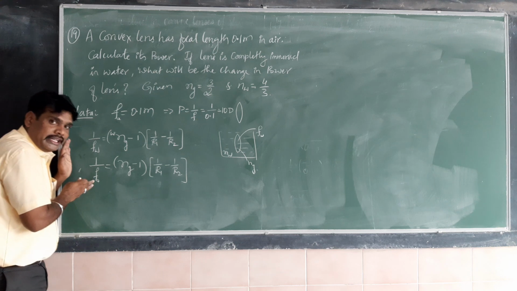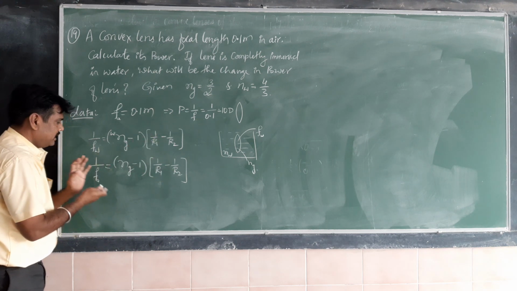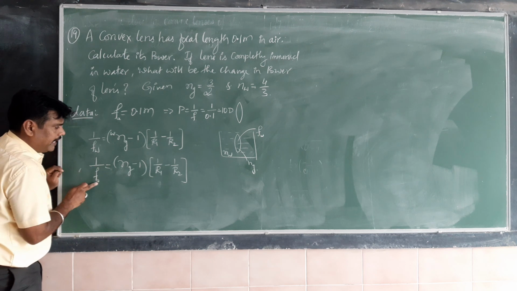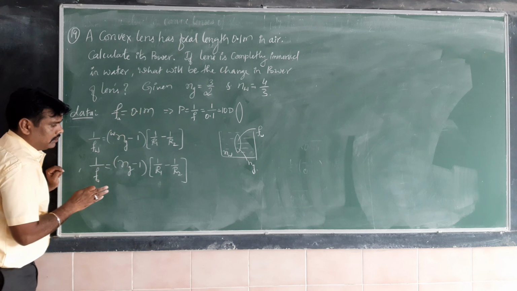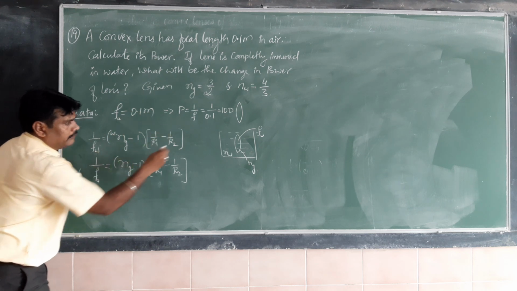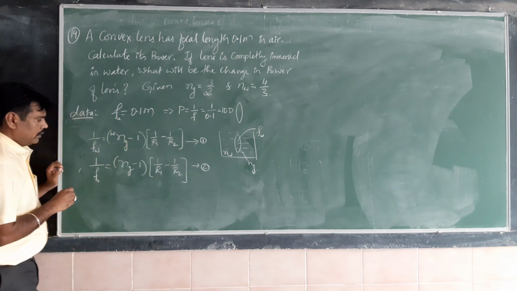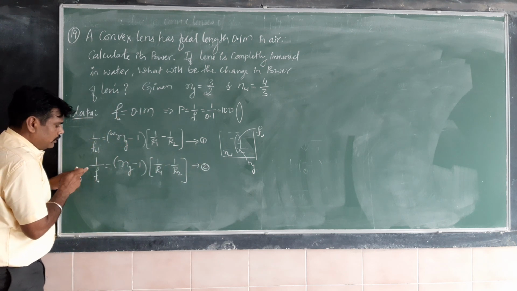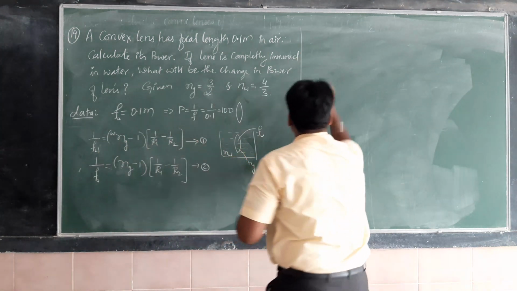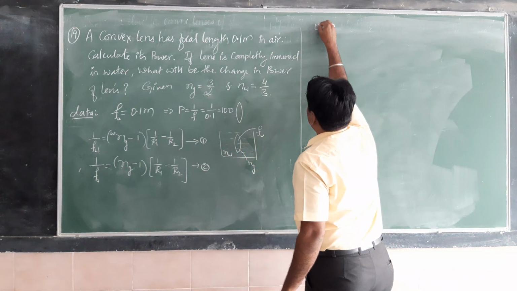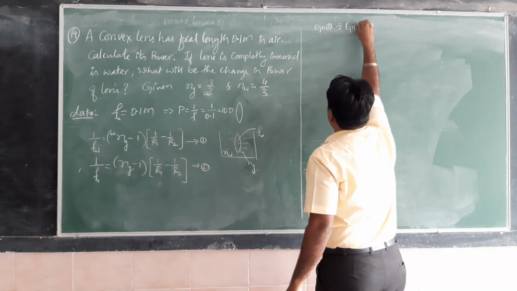If I use both equations, no need of R1 and R2, they will cancel. See here, to find Fw, Fa is given, and Ng and Nw are also given. So if I take the ratio of these two equations, say this is equation number 1 and this is equation number 2, I want to take equation 2 divided by equation 1. Now in the next step, equation number 2 divided by equation number 1.